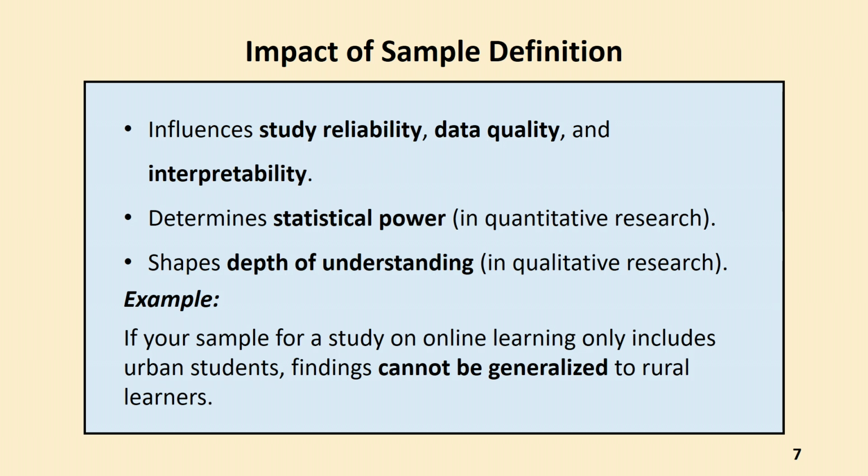You do not specifically try to make generalization, but you try to inquire into a certain aspect with the help of a case study or another kind of qualitative research design. So when you define your sampling, it gives a proper impact over the aspects, how you have covered it, how you have defined it, and how you are going to do it further.